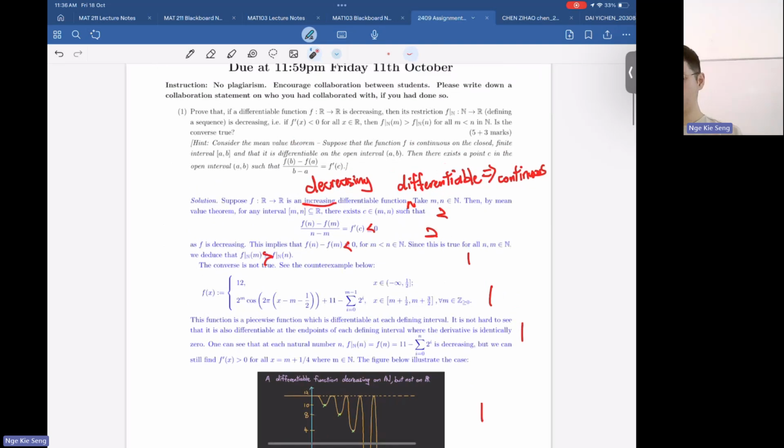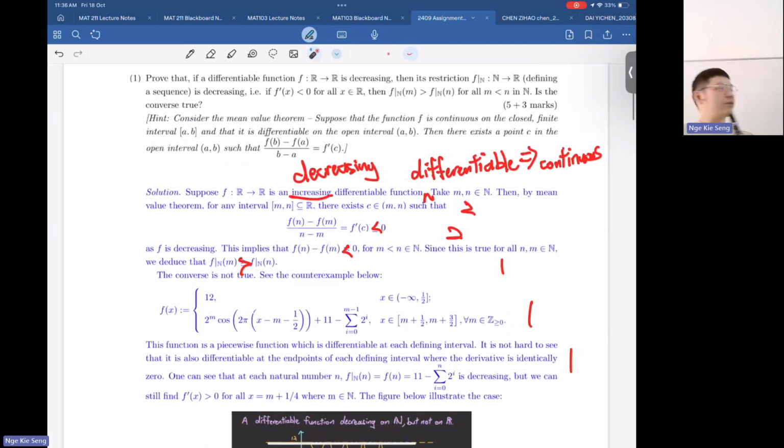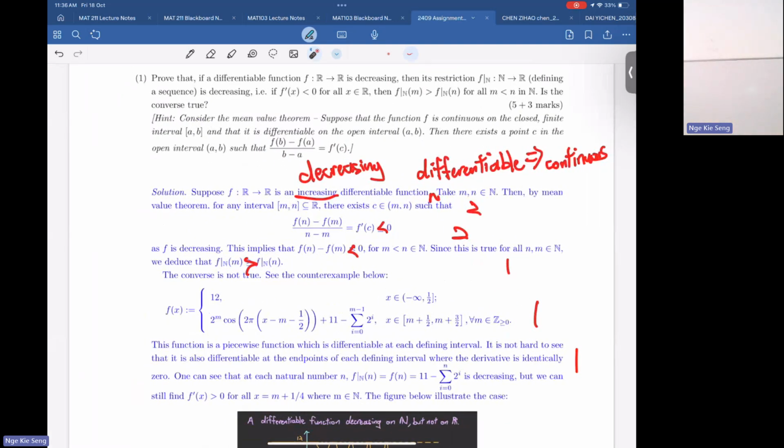So, first question. Why I asked you to prove this is because in one of the lecture exercises we use this fact: if we know that a real valued function is decreasing, then we can deduce that the sequence defined by this function is also decreasing.